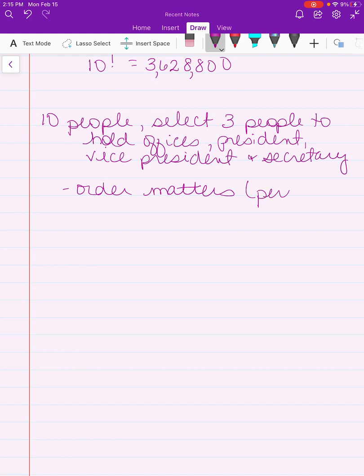Therefore, this is a permutation. In essence, what we're going to be doing is 10 people for the first option, 9 people for the second, and 8 people for the third, which gives you 720.